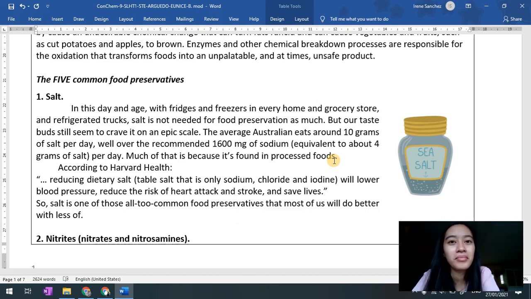How much? Maybe about 1/4 teaspoon. Let's check later. Much of that is because it is found in processed foods.